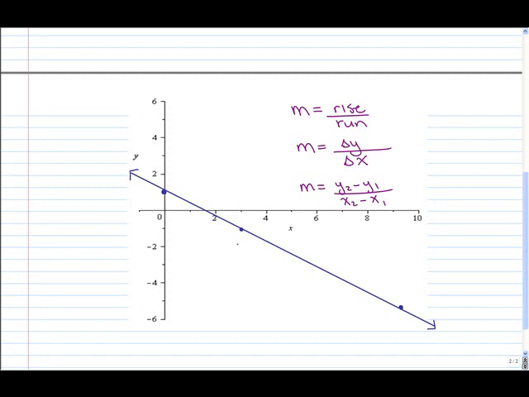Now our 2 points here that we figured out by plugging in random values of x were here when x is 3, y is equal to -1, and here when x was 9, y was equal to -5. So our rise would just simply be -5 minus -1, and our run would just simply be 9 minus 3. And this works out to -4 divided by 6, which then reduces to -2/3.